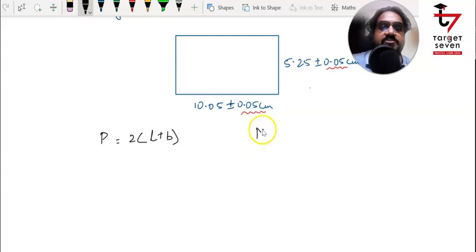The maximum possible value of the perimeter can be obtained by adding the uncertainty to the measured values, which means the maximum possible length is 10.10, and the maximum possible breadth would be 5.30.